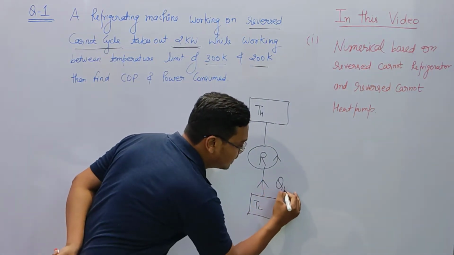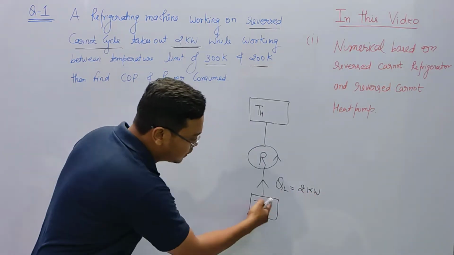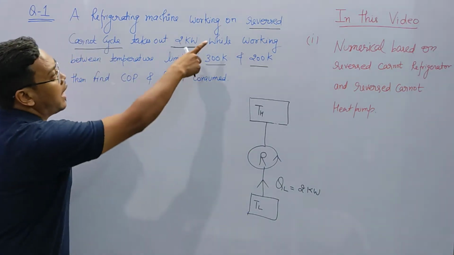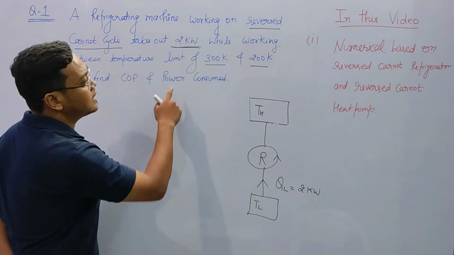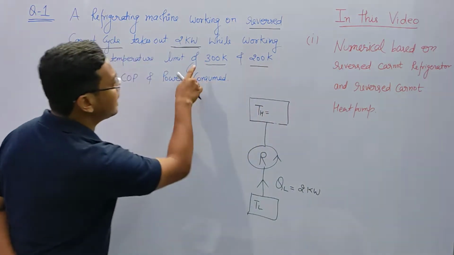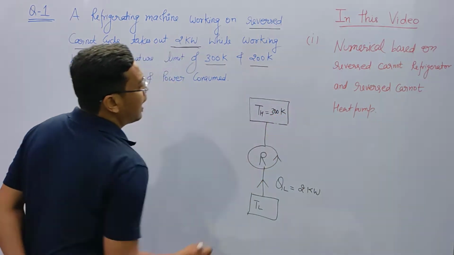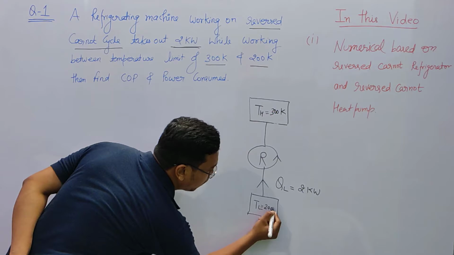This means QL is 2 kilowatt. It is taking heat from this storing space. And this machine is working between the temperature limit. It is written, what is higher temperature? 300 Kelvin. And this is lower temperature, 200 Kelvin.